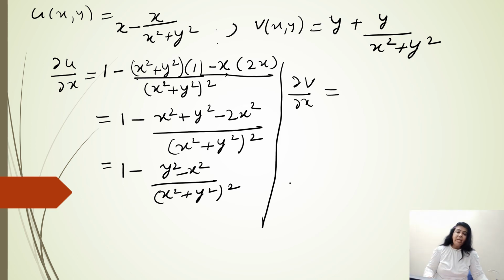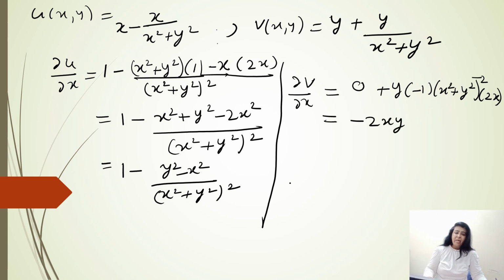So del v by del x will be 0 plus y times the derivative of (x square plus y square) raised to power minus 1, which is minus 1 into 2x, or this is equal to minus 2xy times (x square plus y square) raised to power minus 2, right?